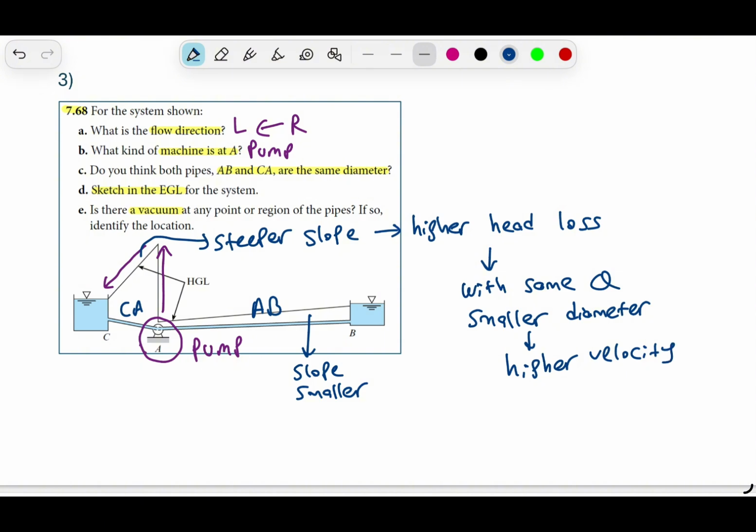So when we have higher head loss, it means we have higher velocity. To provide higher velocity, we need a smaller diameter in this pipe. So we can say that CA has a smaller diameter.